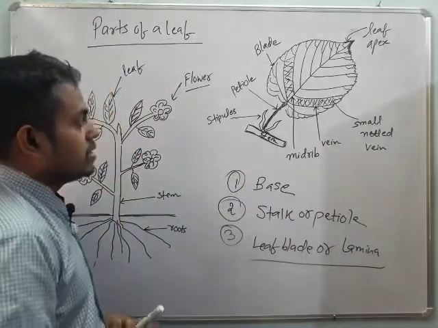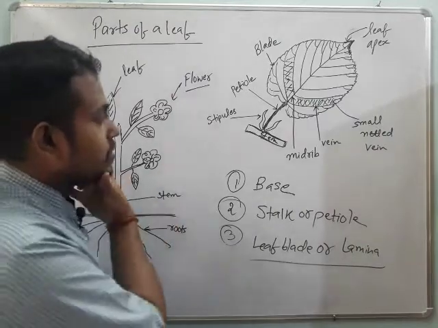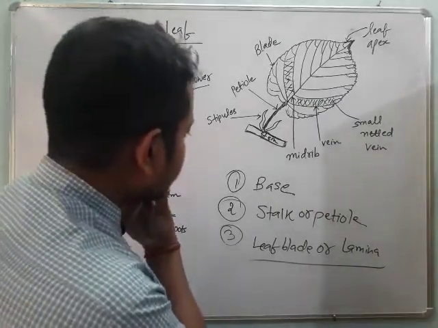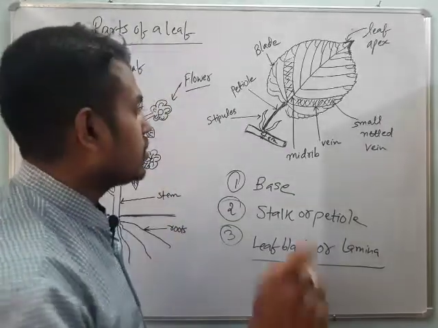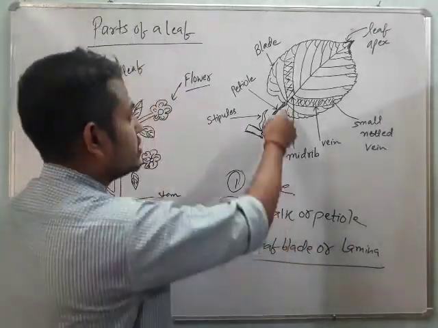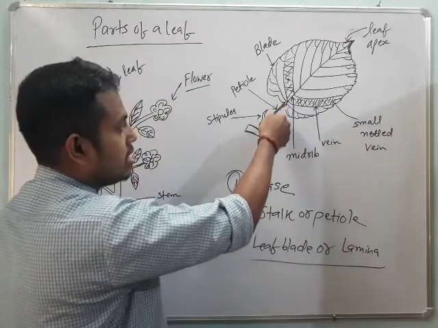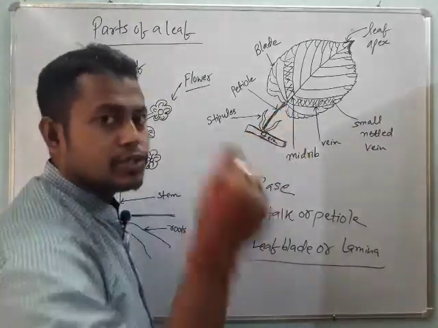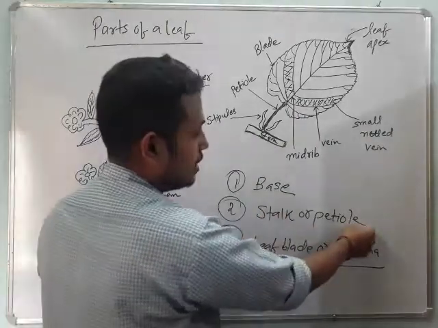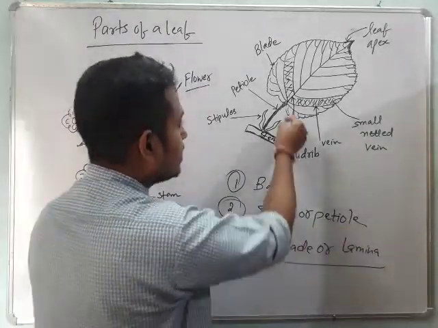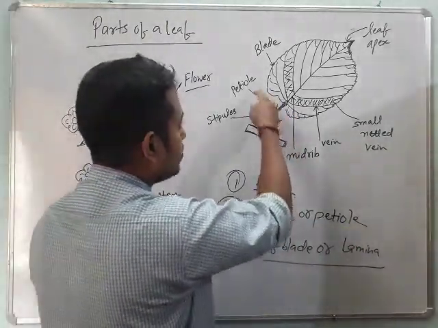Now the second part, you see, stalk or petiole. Which one do we call stalk or petiole? This one. In other words, we call it the short stem. So there are two other names also, stalk and petiole.